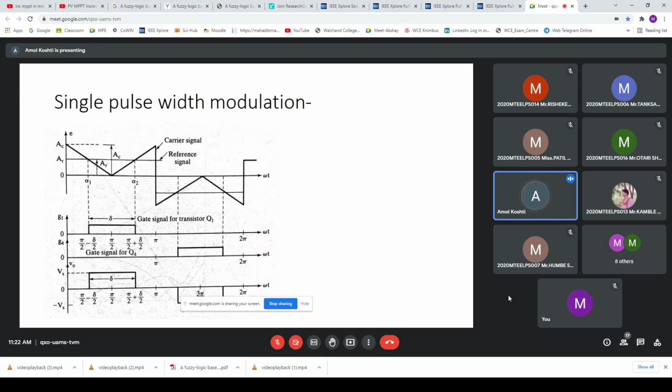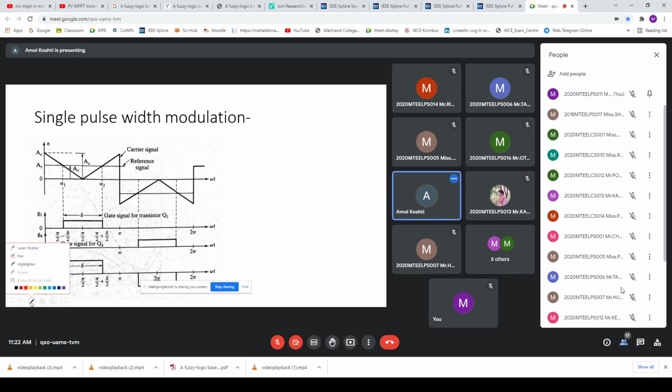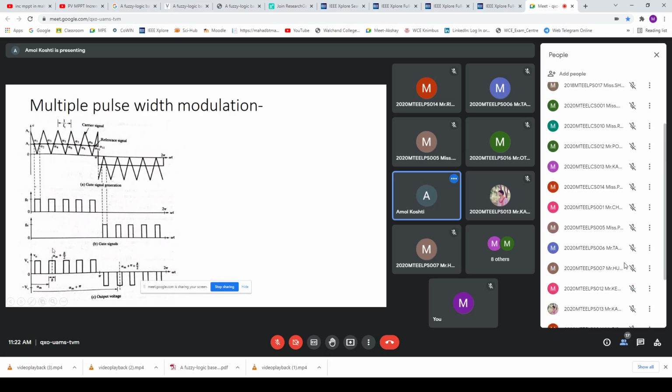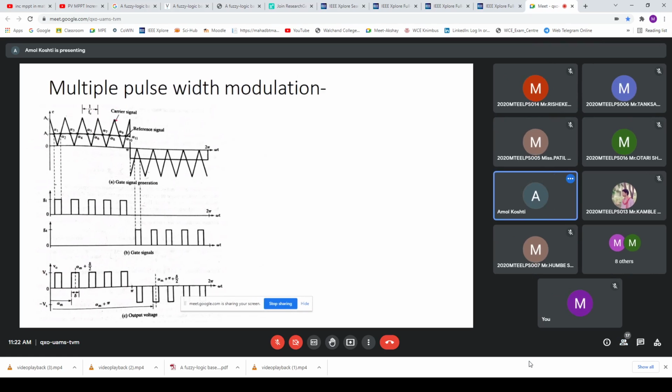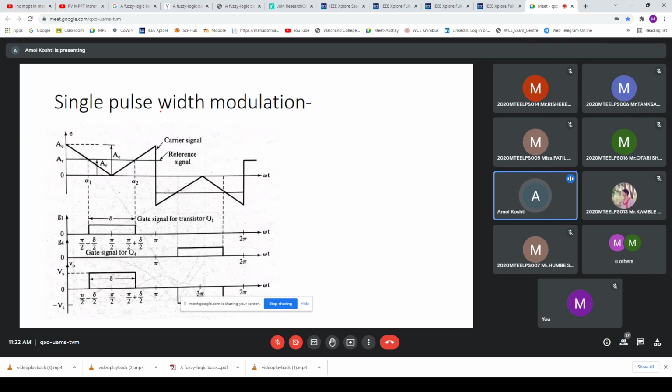Single pulse width modulation refers to only a single pulse here. In any modulation technique, we refer to two signals.